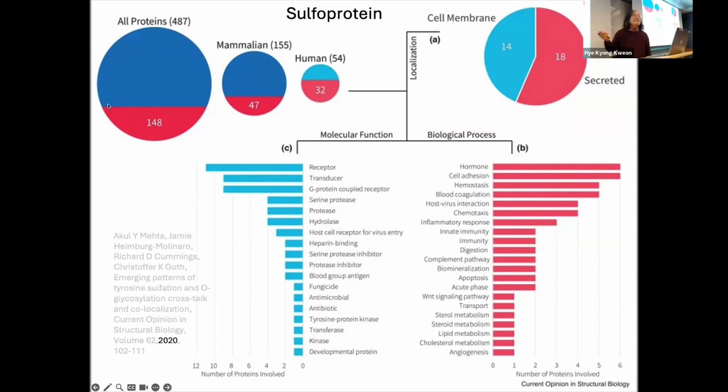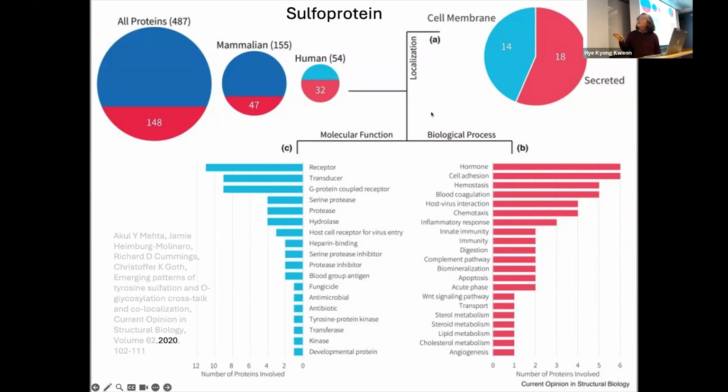Less than 500 are reported as sulfoproteins, but experimentally only 148 are identified as sulfoproteins. That number drops in human: only 32 human proteins are reported and characterized as sulfoproteins. And 14 of the 32 are cell membrane proteins, and the others are secreted proteins.